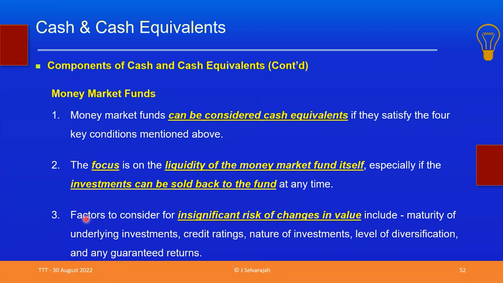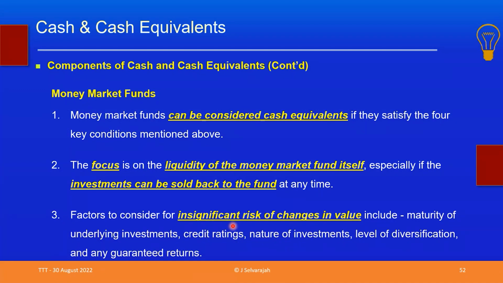So the factors to consider for the phrase that we use, insignificant risk of changes in value, include how is the maturity of the underlying investment? What are the credit ratings? What is the nature of the investment in which it is held?